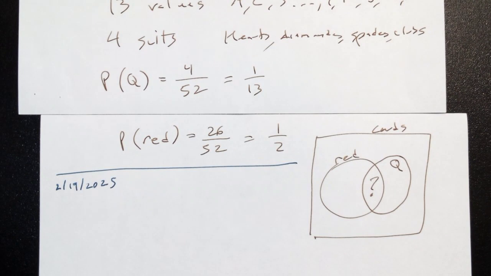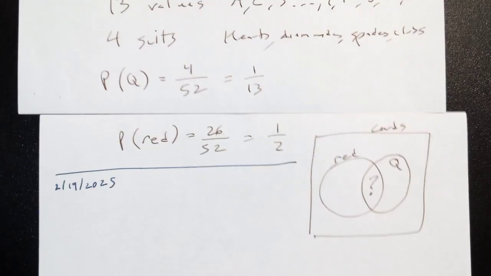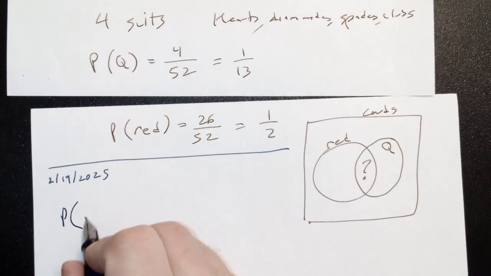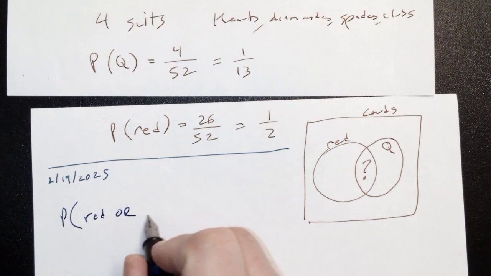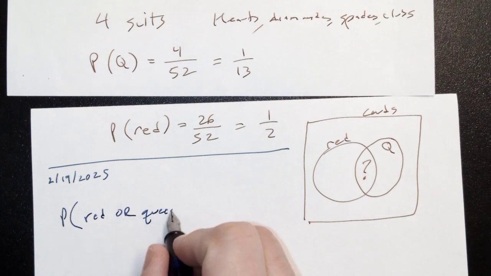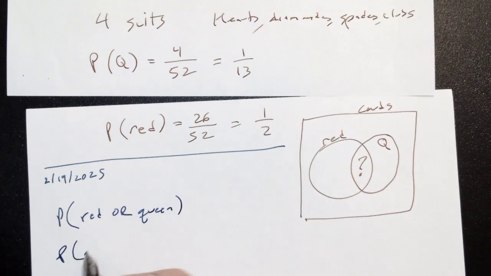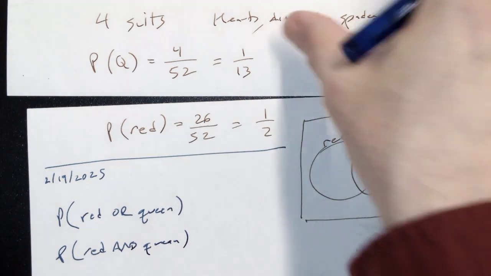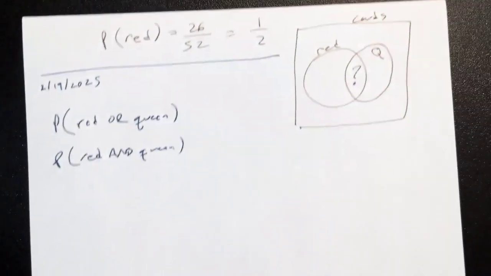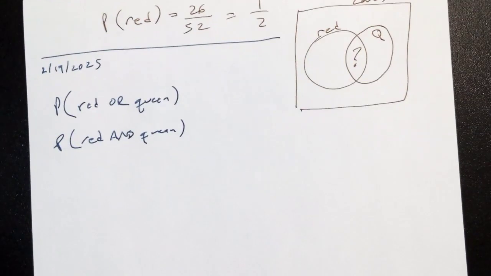But now I have 2 new options for the way I think of my probabilities. I want to try and figure out the chance of getting a red card or a queen, and the chance of getting a red card and a queen.